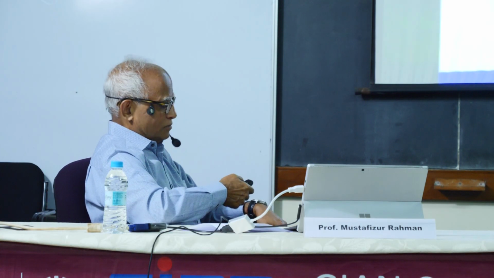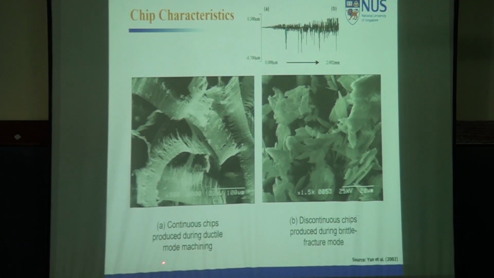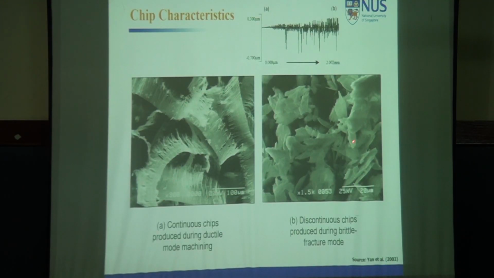And look at the chips. When you are in the ductile mode, continuous chips are produced during ductile mode machining of brittle material. And discontinuous chips come up when you exceed the critical chip thickness. Clear? So this is ductile mode machining of brittle material. This is brittle mode machining of brittle material.